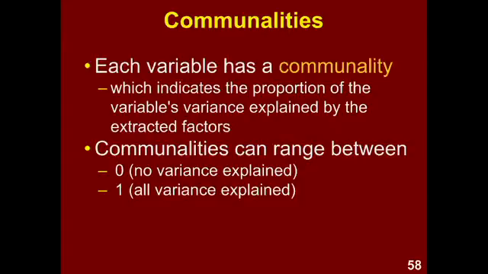Then when we extract the factors, we might pull out 3 factors, and it explains, say, 50 to 75% of the variance. How many cents from each of the variables are accounted for by the factors, and that's the communality.